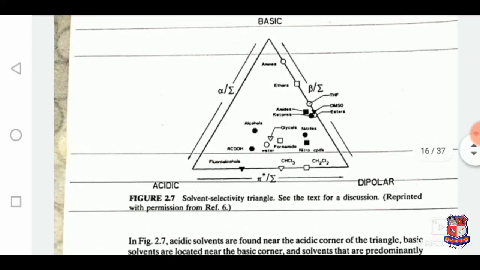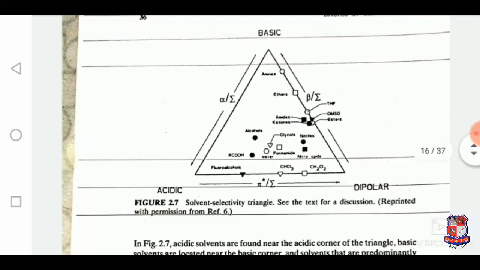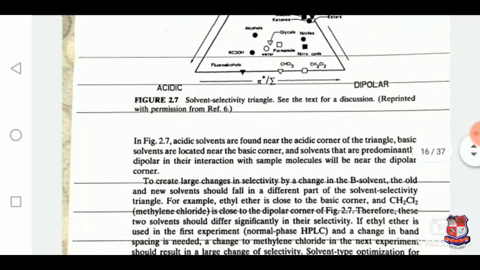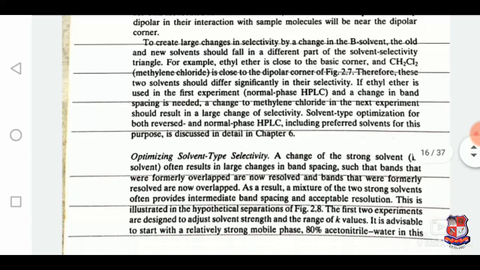Here the solvent selection triangle is most crucial for method developers. On the triangle you can see that basic, acidic, and dipolar solvents are used, and different solvents fall in between. According to that, the basicity, acidity, and dipolarity have to be selected.